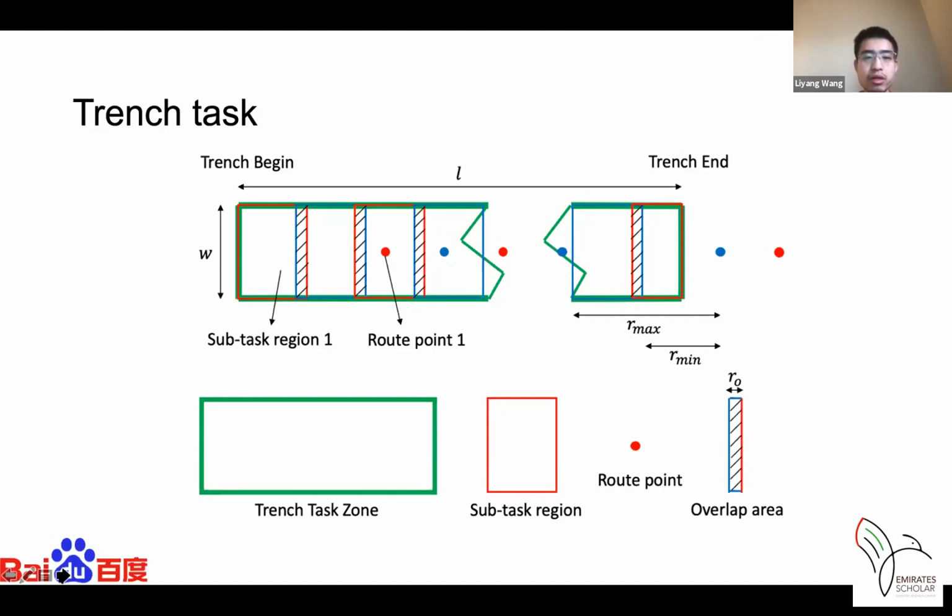So the excavator is first stopped at the route point 1, and the heading is to the left. And then the first MRSP subtask region is region 1.